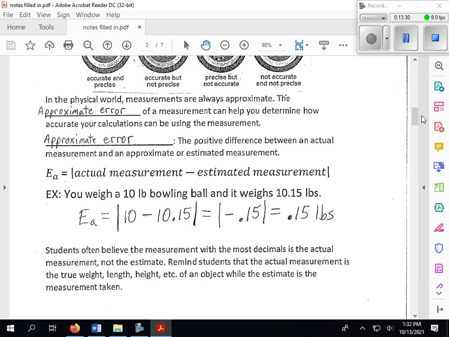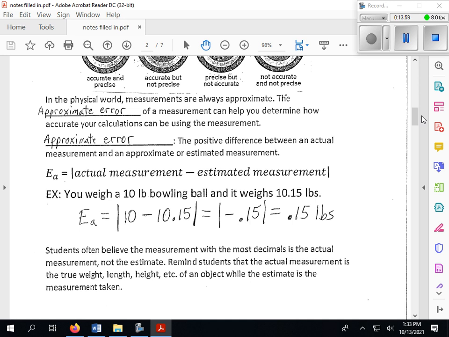If I have a scale sitting up here, and I bring Hunter up and we weigh him, and he tells us what he weighs, all right? Which one is the actual measurement? The weight scale. The one he told us.